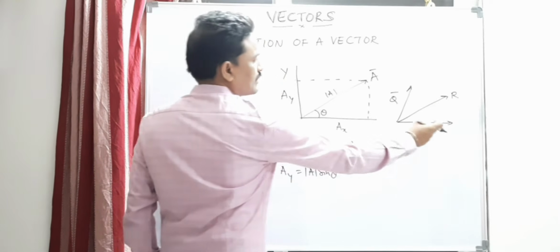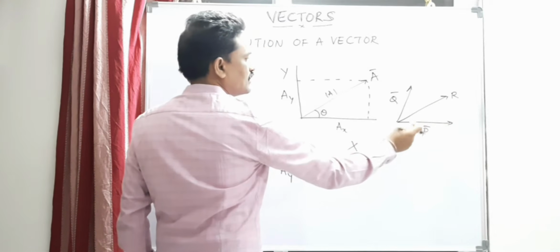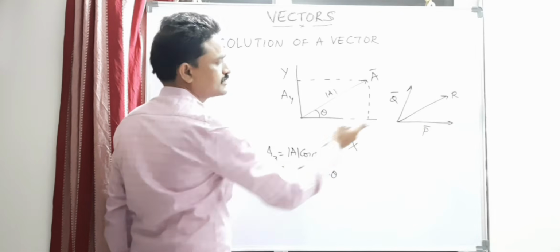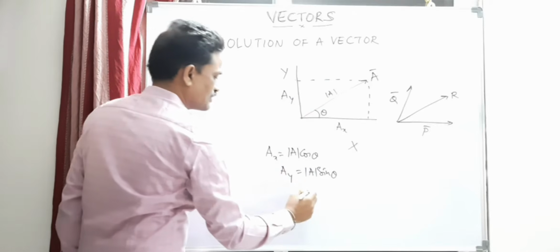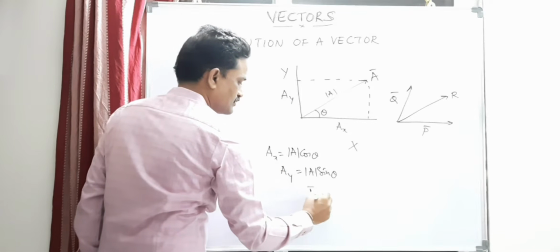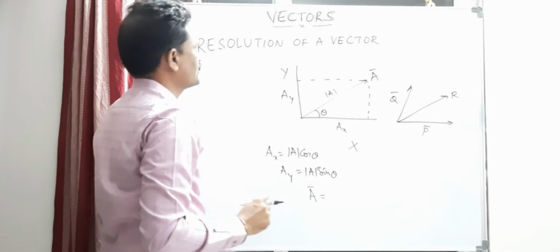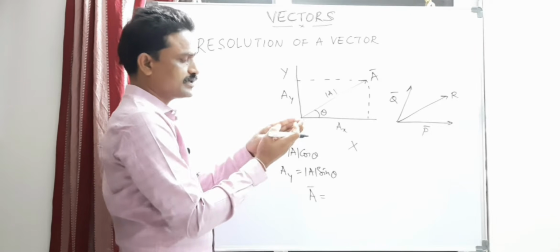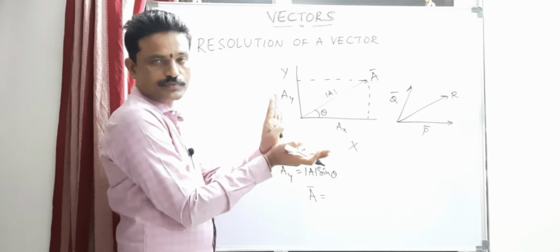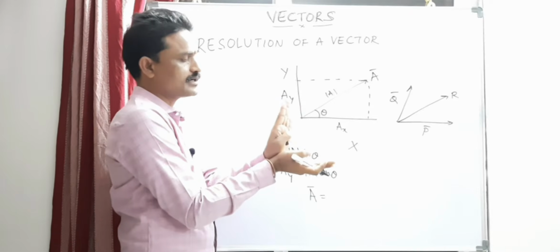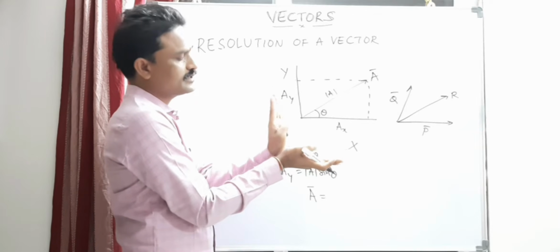Since it is on x-axis, I have to put i to the AX and I have to put j to AY to reconstruct the vector A. So, what is the final outcome of a resolution of a vector? A vector can be split into two normal components or two rectangular components along x and y axis.